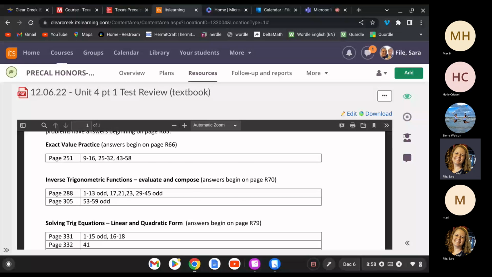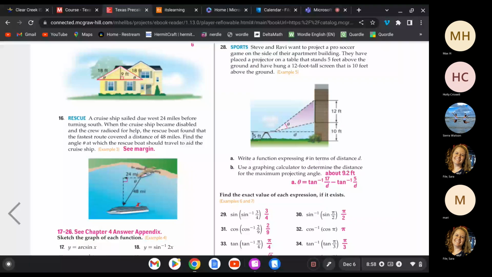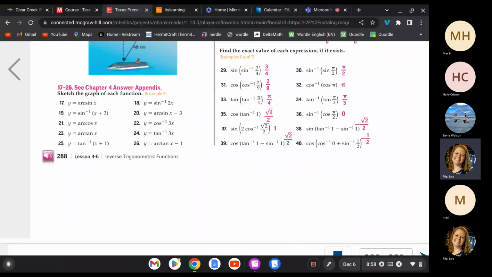So then the other part for this, 17, 21, 23. Let's look at those. All right, so this section down here asks you to sketch the graph for each of these.